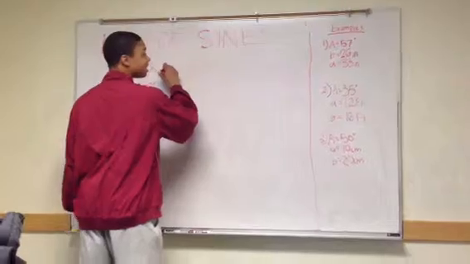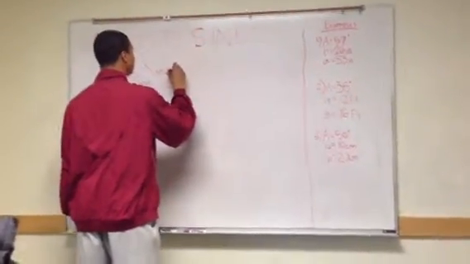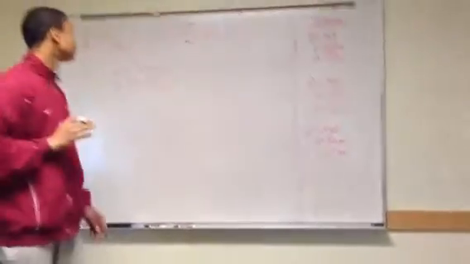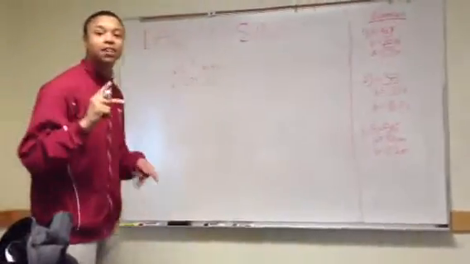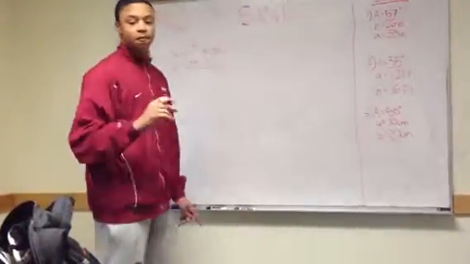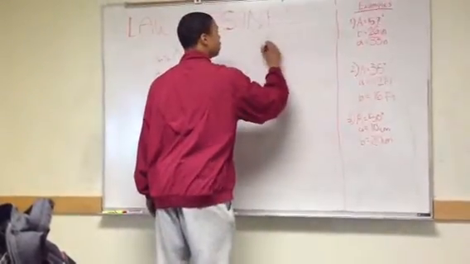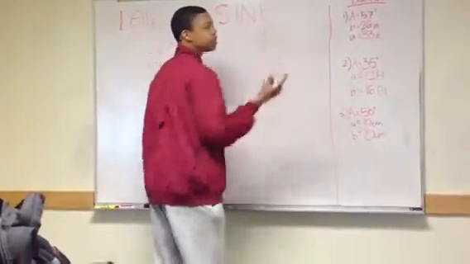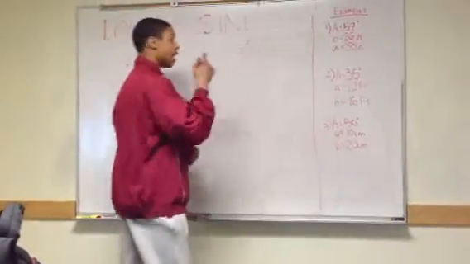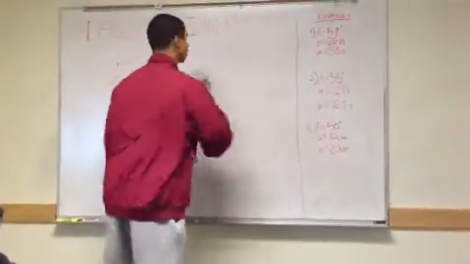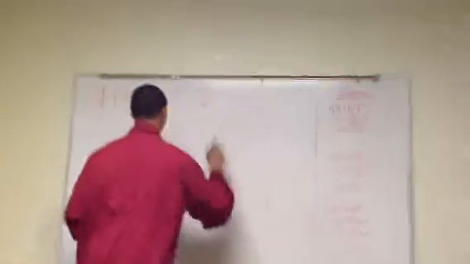A is 33 inches. Now, you'll be asking yourself, what two components do I have that can complete this formula? The formula is a over sine A equals any other side over the angle times the sine. So, we'll use this.